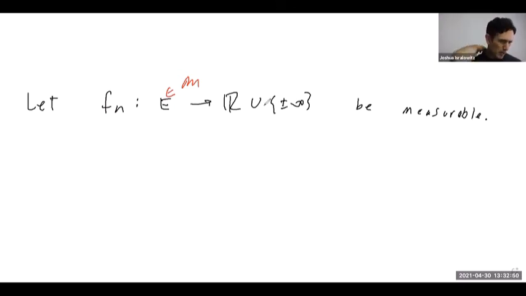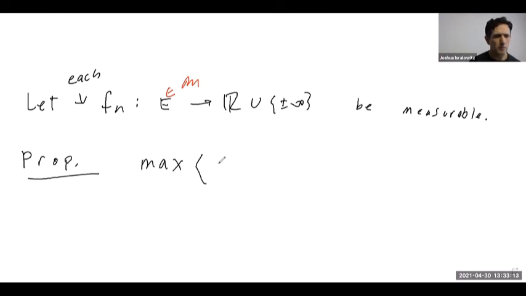Okay, so let's prove the following. If it's not clear, each one of these is measurable. Sorry, I didn't mean to write proof, I meant to write prop. So the following little proposition: the maximum of each of these, I'll leave the minimum for an easy homework.